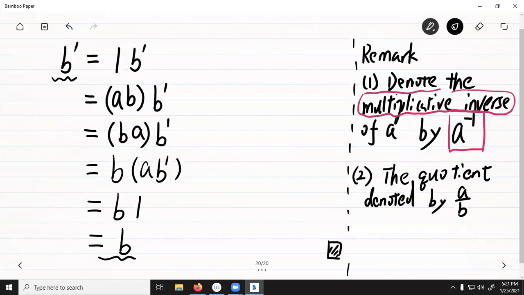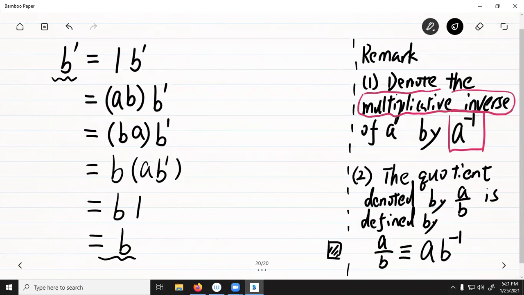How do we define this A over B? It is defined in the following way. A over B, we use the three lines. The three-line equal sign means it's defined by the right side. Okay. A divided by B, or A over B, means A times B inverse.